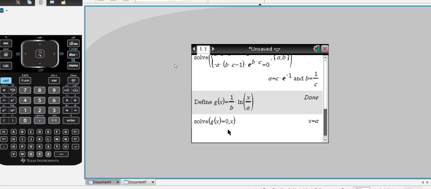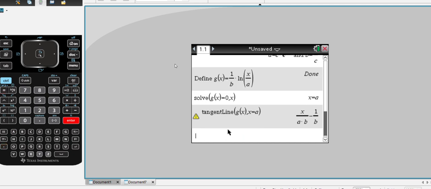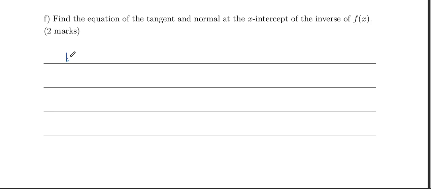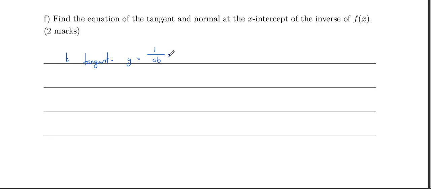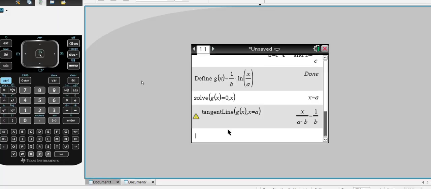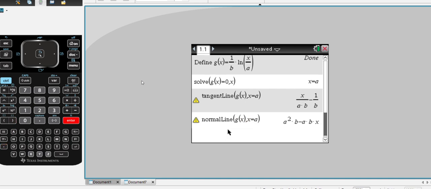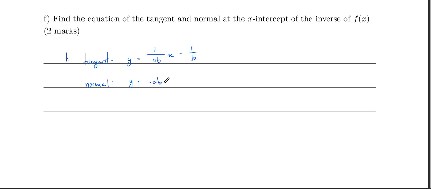So then we're going to go tangent line, g of x at x equals a. So we get the tangent y is equal to 1 over a b x minus 1 over b, and then normal y is equal to negative abx plus a squared b. There we go.